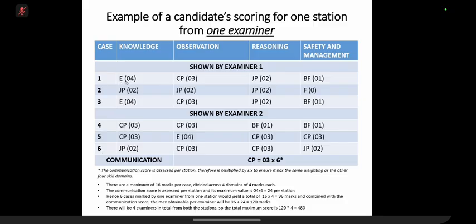This candidate got E here, CP here, JP here, so they will create a whole chart. Then in communication, for example, 3 is given, they will multiply by 6. Overall, each examiner will give you 96 plus 24, 120 marks. The total comes out to be 480.